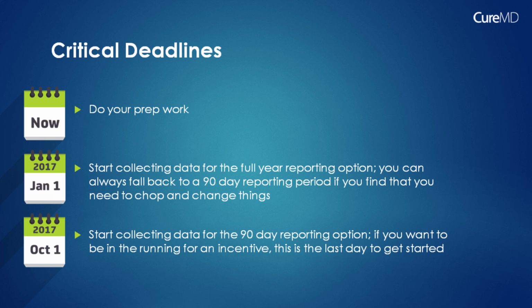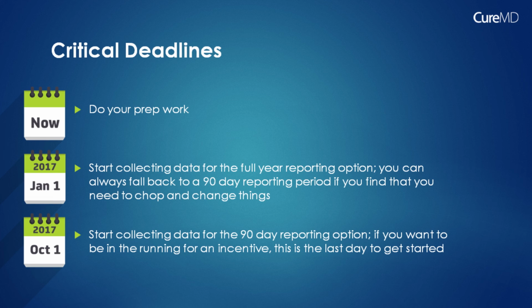January 1st of 2017, you need to be collecting information under PQRS measures. You need to be fairly clear about what you're going to do about meaningful use, what you're going to do about the value-based modifier program, and you need to have looked at the improvement activities, and there's 90 plus of those, as to which ones you want to implement within your practice.